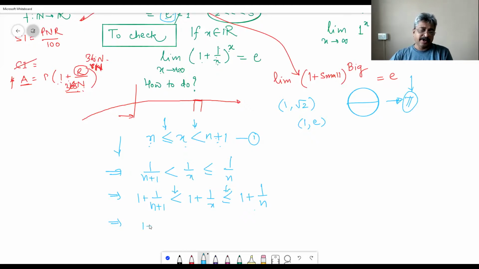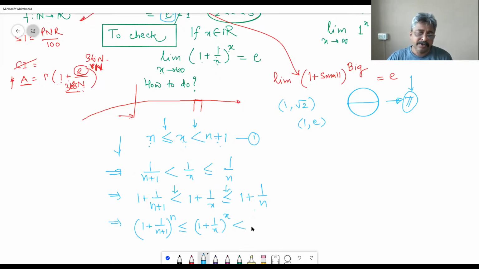So I might as well follow the rules of inequality by saying let me raise this to power n. n is a natural number, less than or equal to 1 plus 1 upon x. Let me raise this to x, because this is definitely greater. So greater numbers, greater power is definitely going to be greater than the smaller numbers, smaller power. You cannot say that smaller numbers, greater power is going to be less than greater numbers, smaller power.